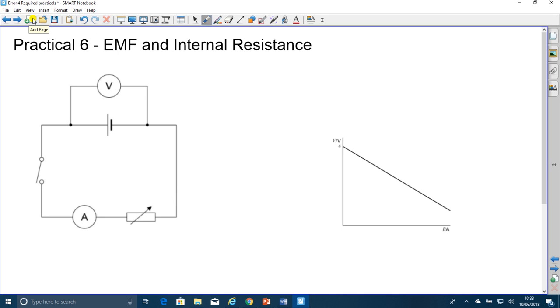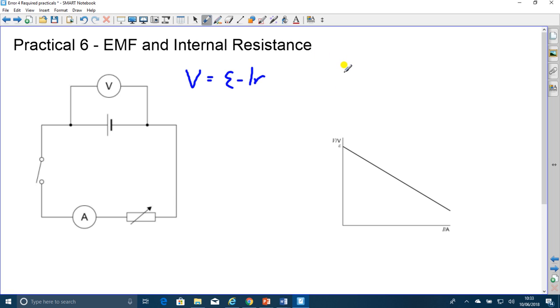The next one was EMF and internal resistance. This one here, the equation you would have used is that V equals the EMF minus IR. This is a really complex experiment; some people don't like this at all.